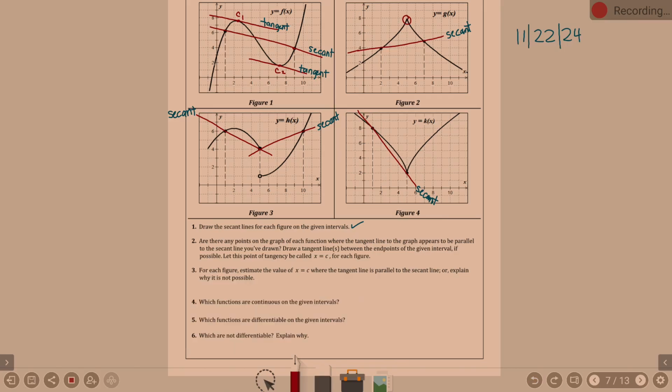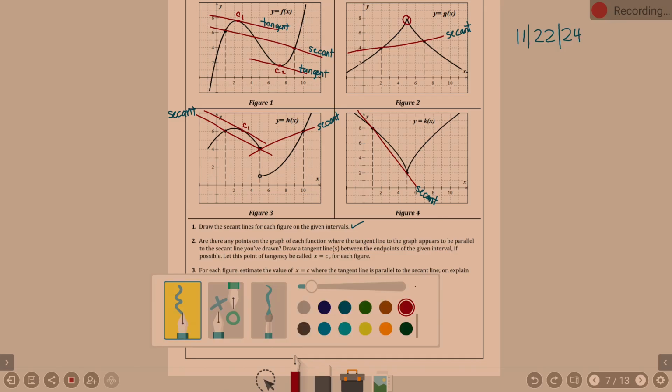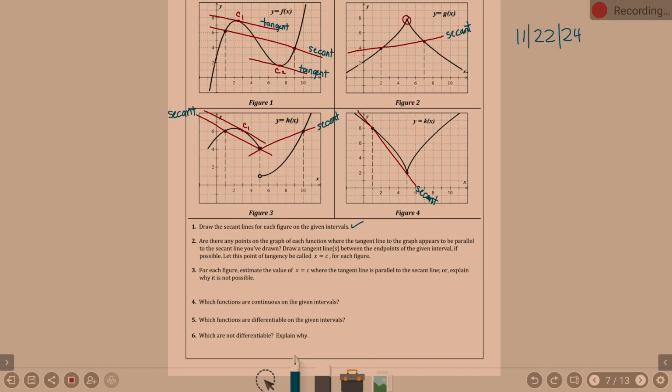Okay, figure 3. What about this one? Any tangent lines? See one on the left? On top of the curve? Maybe about there? I'm going to label this as a tangent again.